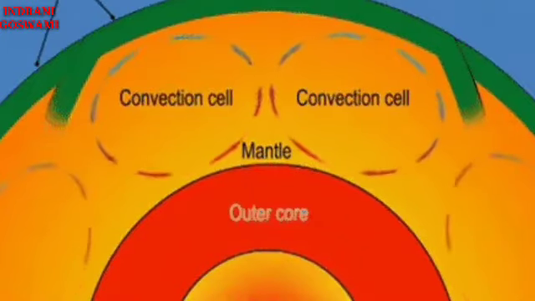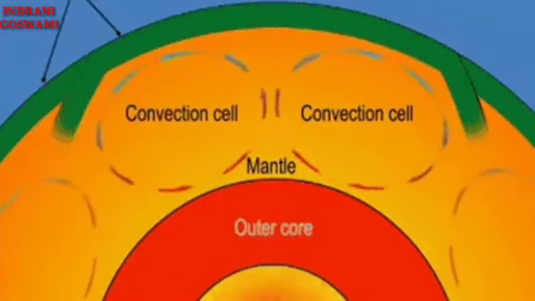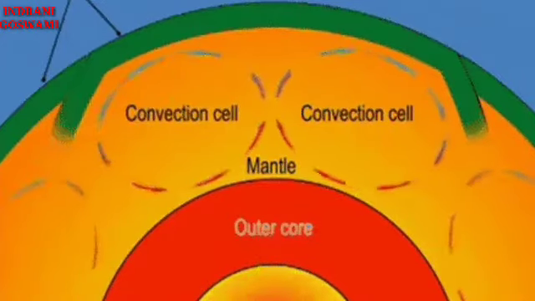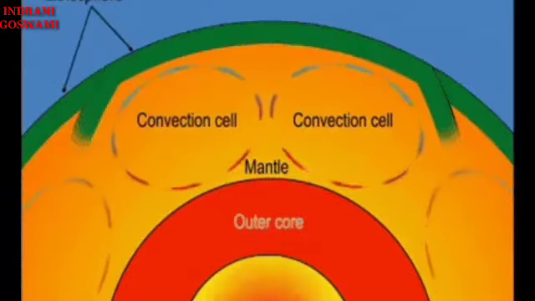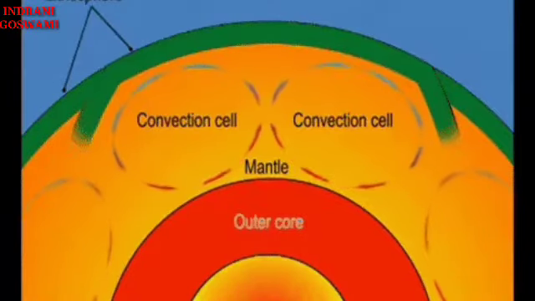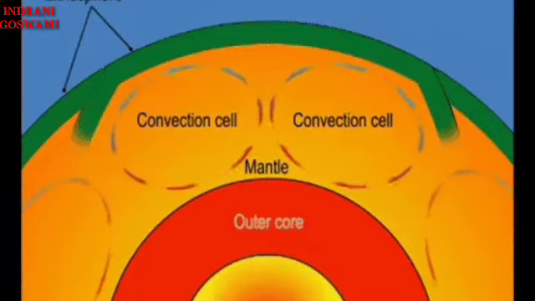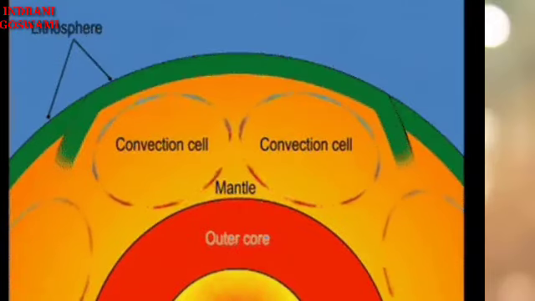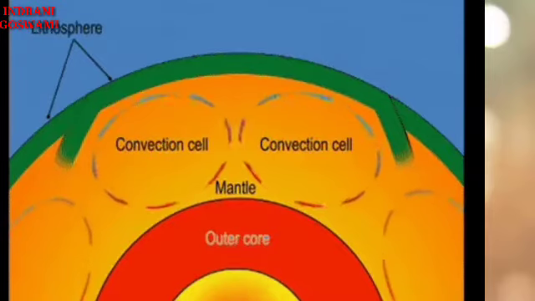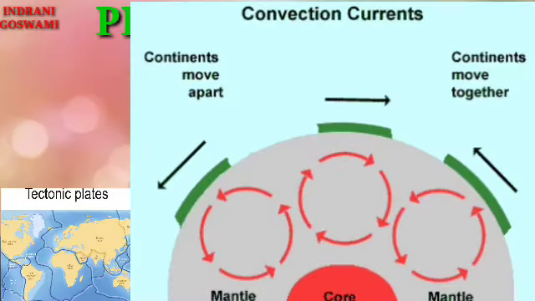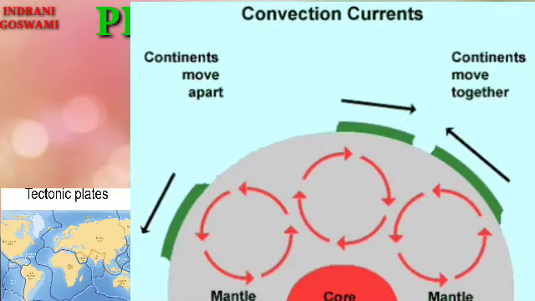What is this convectional current? When the hot and molten magma will rise up or will come out through any fault, and then after solidification they will be solidified. Again it will go in the interior part of the earth, and like this the circle will go on and on. So due to this convectional current, the plates can float over the mobile asthenosphere.